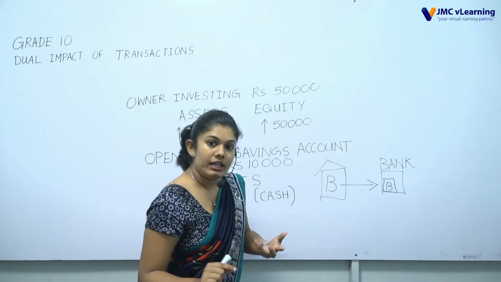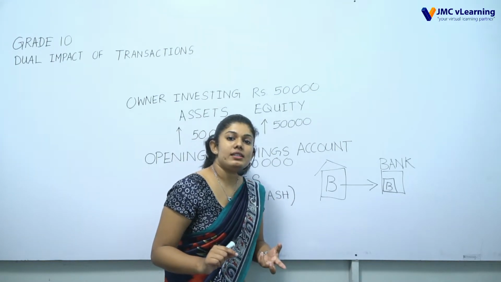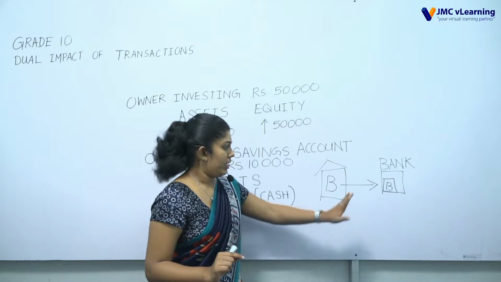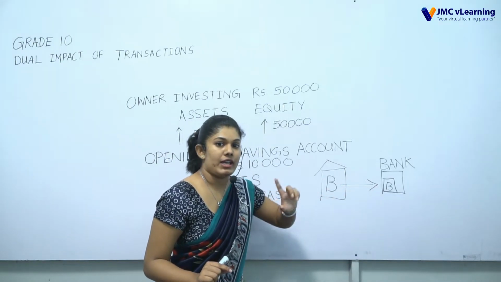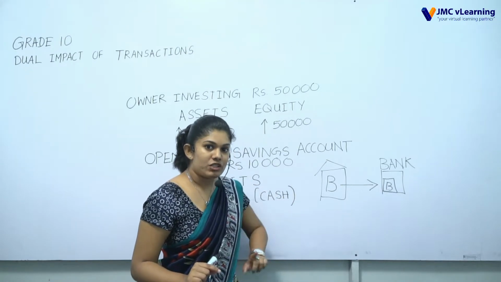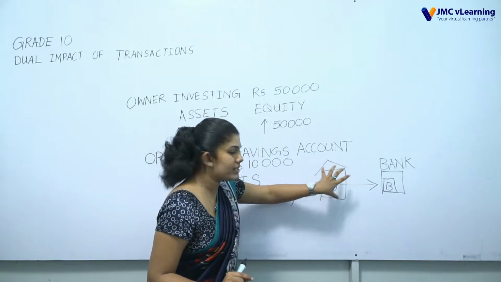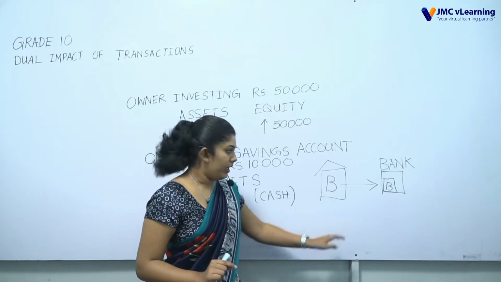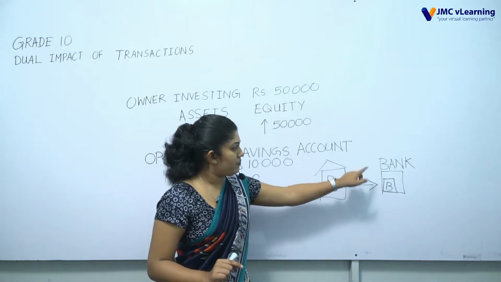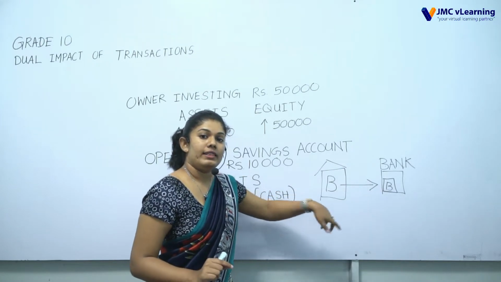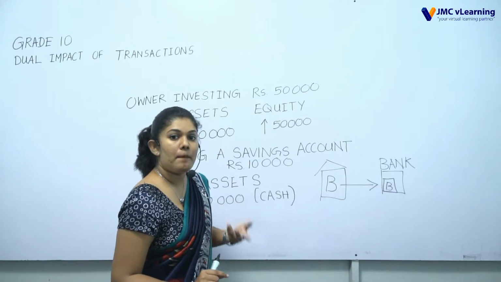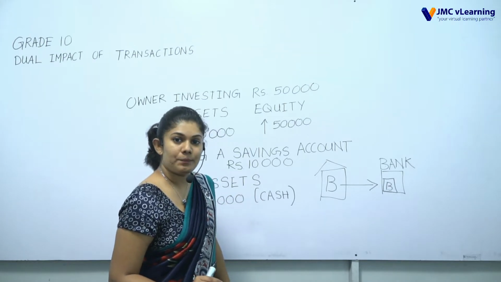So, this amount also belongs to us. But here, the type of asset has changed, because this amount of money with the bank is not cash. Cash means cash balance inside the business. Here, this 10,000 belongs to the business, but it is in the bank. Therefore, the type of the asset is bank balance.